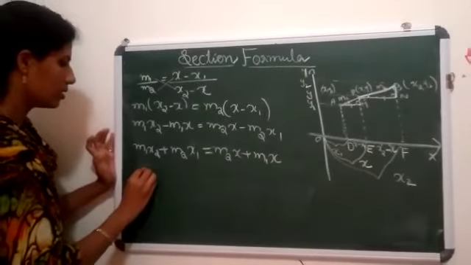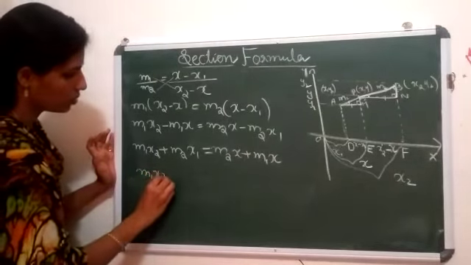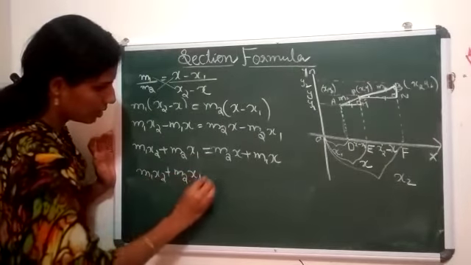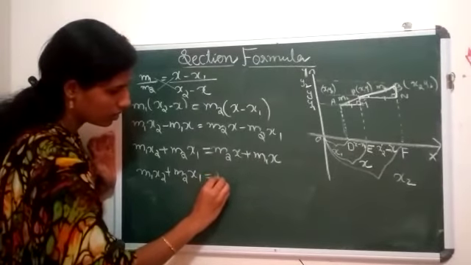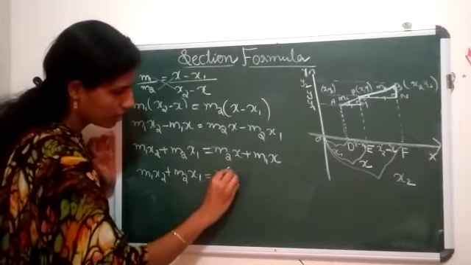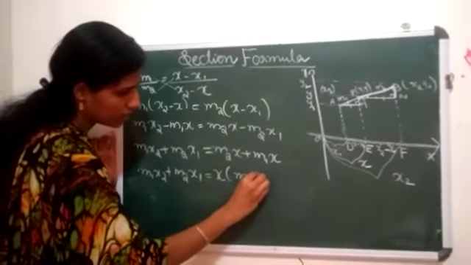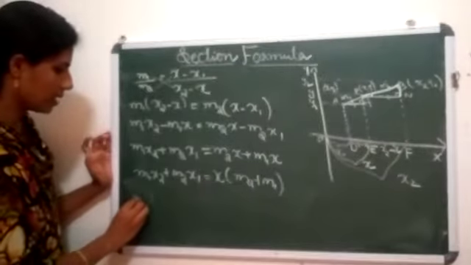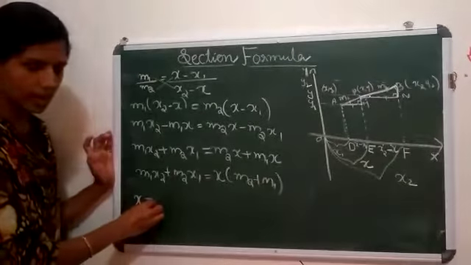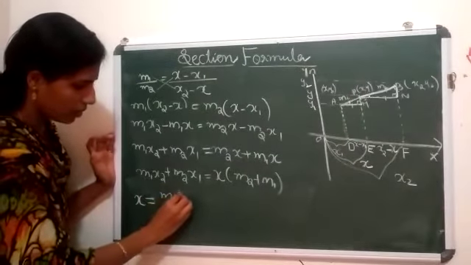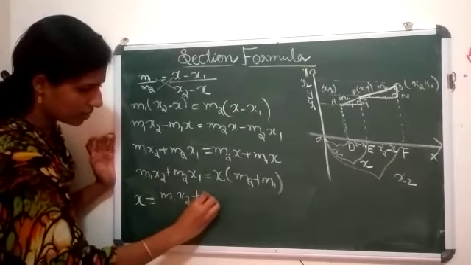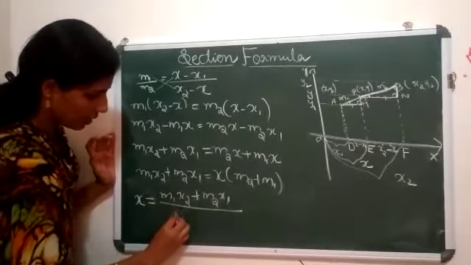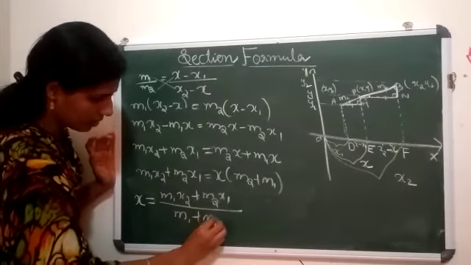Now m1 x2 plus m2 x1 is equal to, taking x outside, m2 plus m1. So from this, our coordinate x equals m1 x2 plus m2 x1 divided by m1 plus m2.